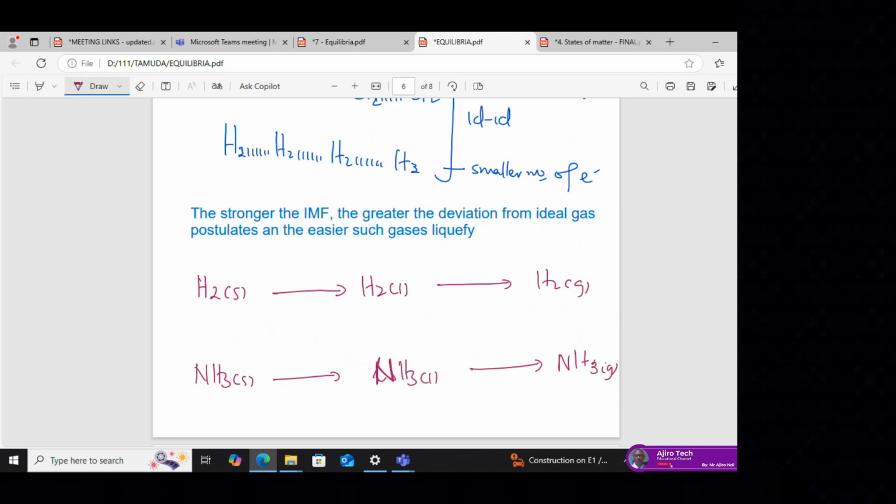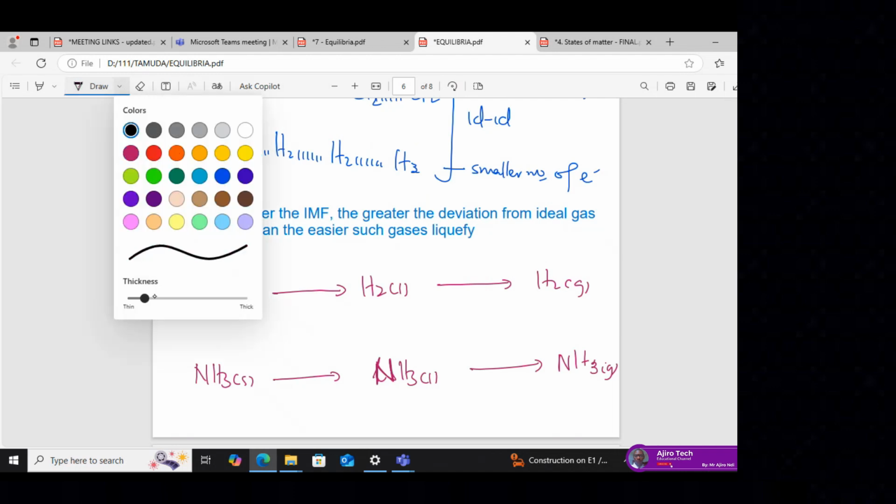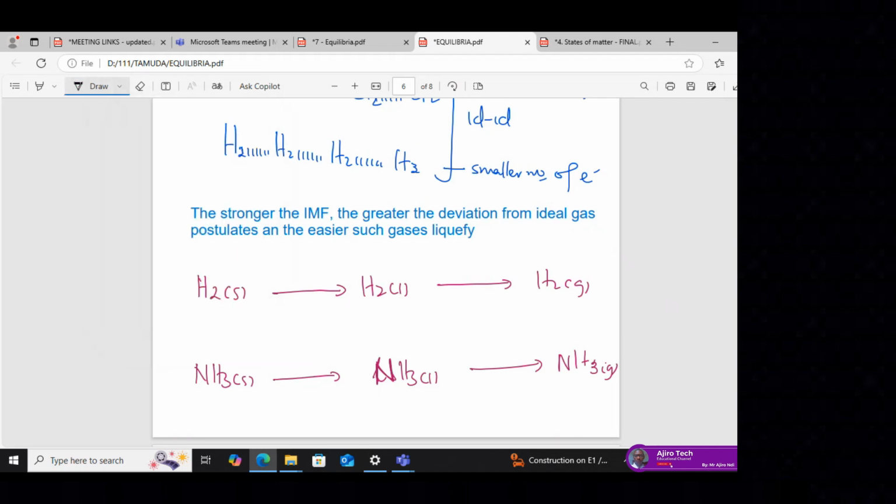What do we call the temperature at which a solid turns to liquid? Melting point. Good. The melting point of hydrogen is the temperature at which solid hydrogen becomes liquid hydrogen.